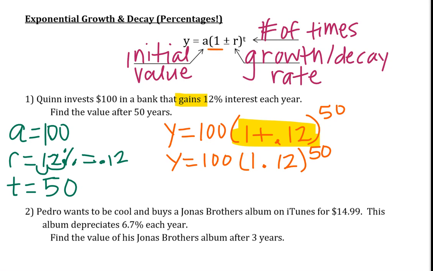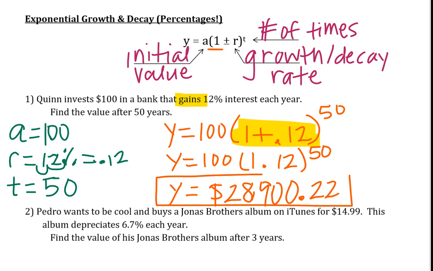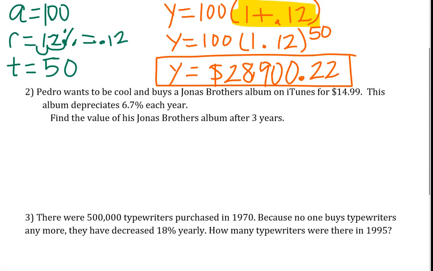Now I can put all of this into the calculator, and I get that after 50 years, Quinn will have a total of $28,900.22.